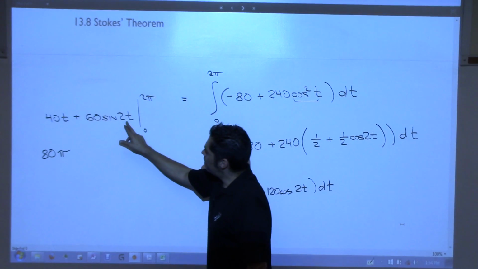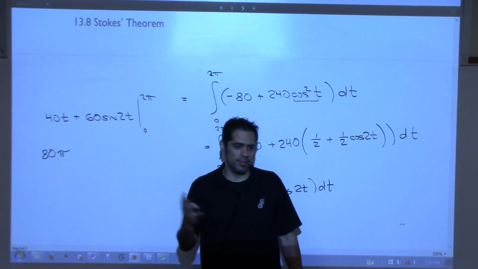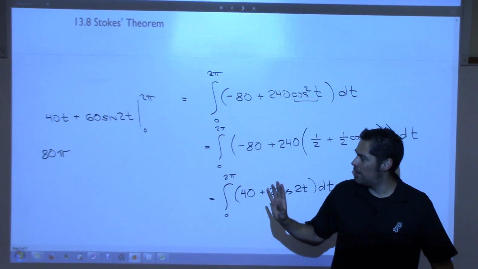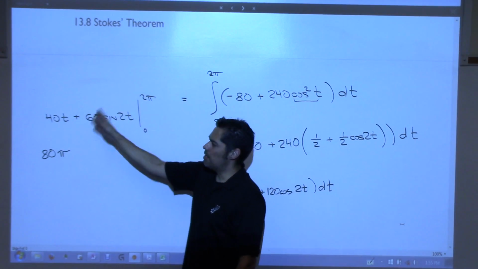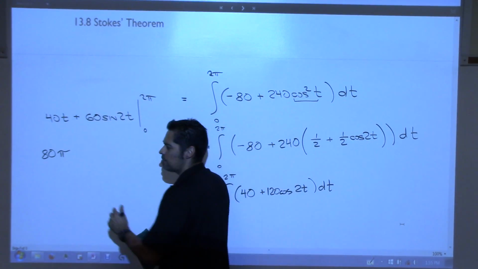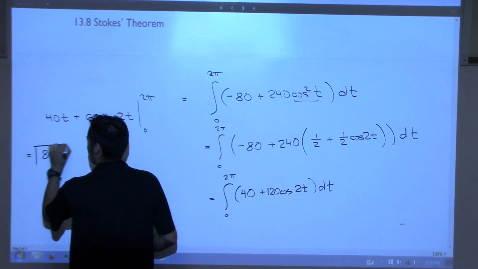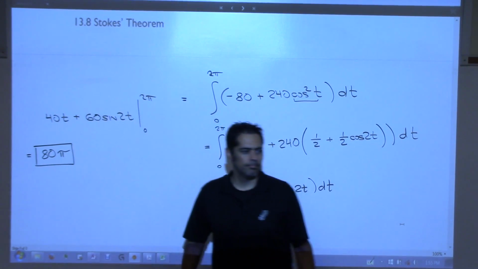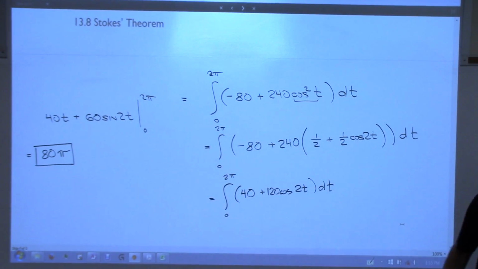And then when you plug in pi here, you get 2 pi. Sine of 2 pi is 0, so that goes away. And then you plug in 0, you get zeroed out everywhere, and so your answer is just going to be 80 pi. Okay, so that didn't take us too long, did it? I mean, that was okay? That's kind of like a review of line integrals.